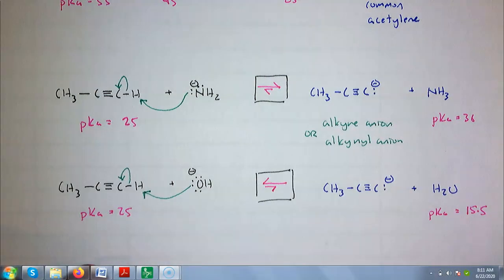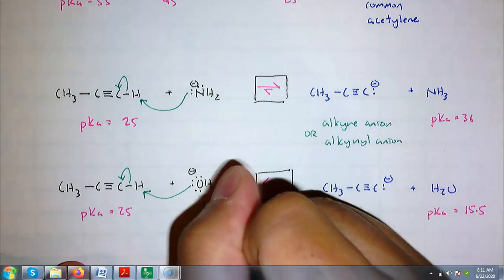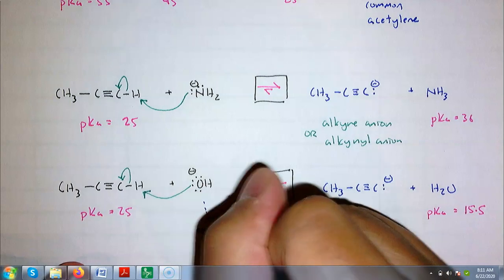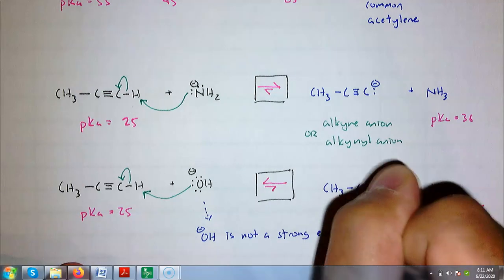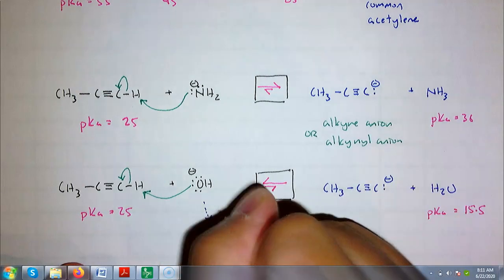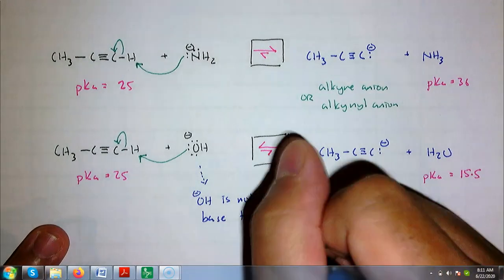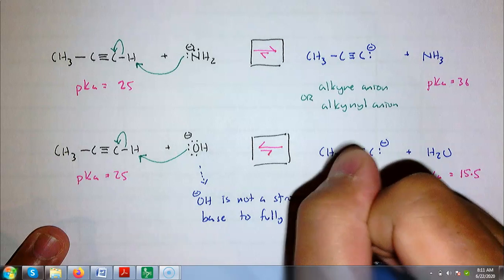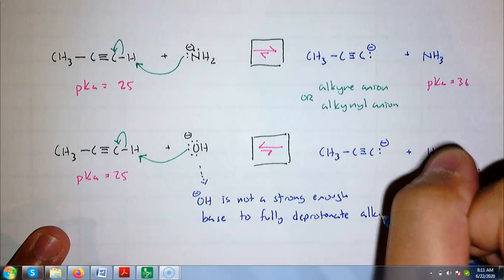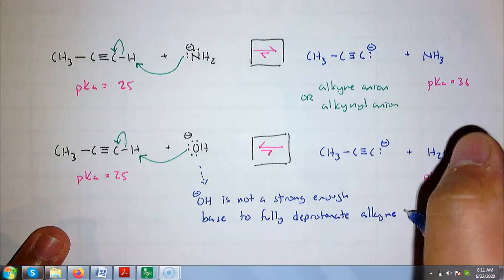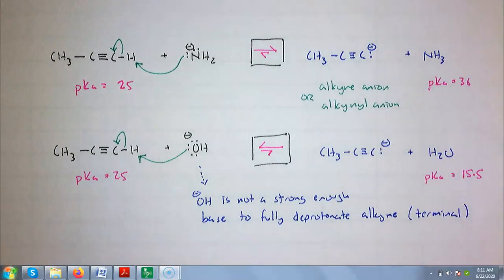What this means, or my conclusion, is that OH- is not a strong enough base to fully deprotonate the alkyne. And specifically, it's a terminal alkyne, where the triple bond is at the end.